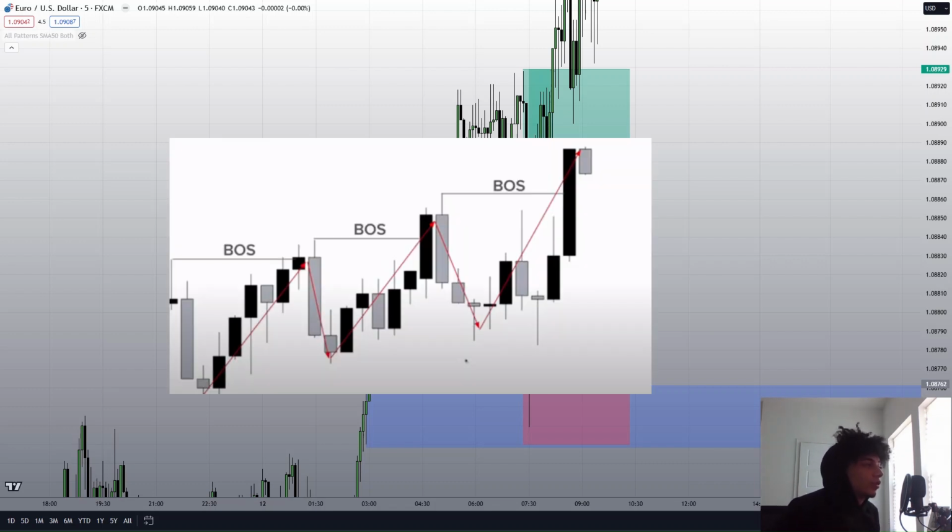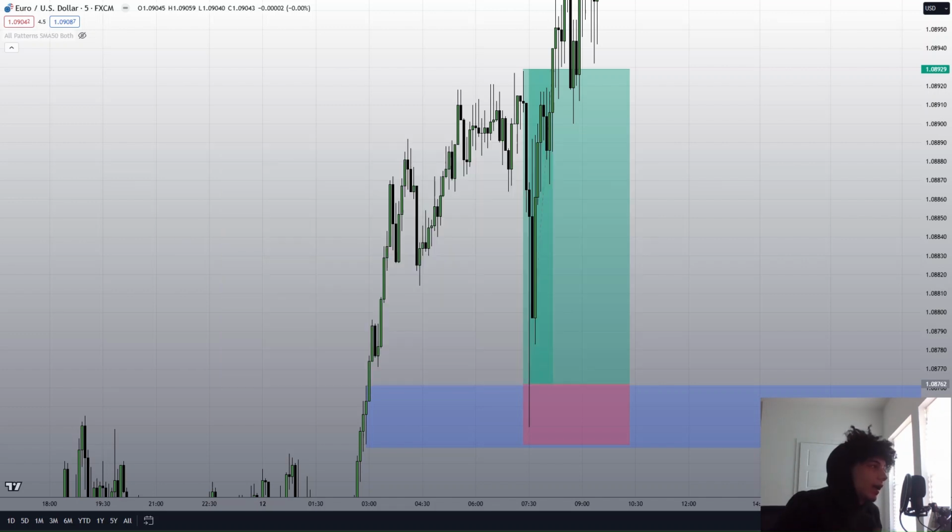Break of structure is essentially creating new highs and higher lows when you're in an uptrend, or lower highs and lower lows in a downtrend. You're constantly breaking the last lower low, or you're constantly breaking the new higher high. That is break of structure.